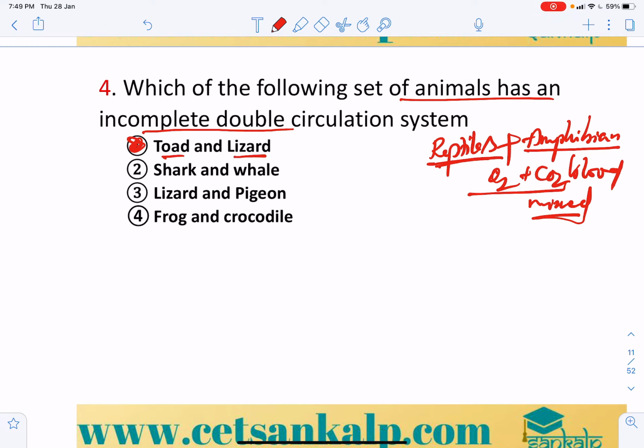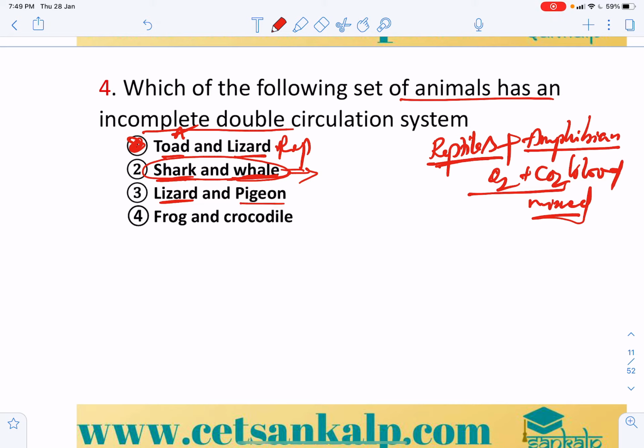Toad belongs to amphibians, and lizard belongs to reptiles, whereas shark, and the whale, which is a mammal, show complete double circulation, right? In the case of whale we can see that generally, and in fishes we can see single circulation.